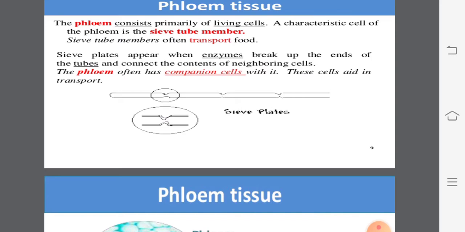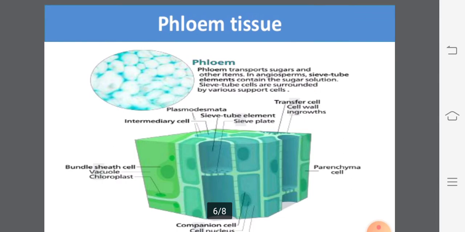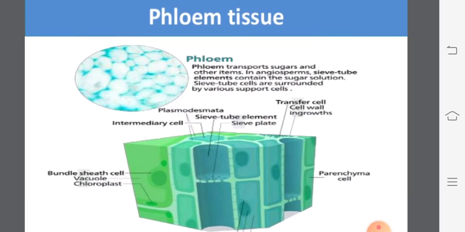Here you are observing the different end walls of the sieve tubes, and therefore the sieve tubes transport from one cell to another cell. The phloem often has companion cells allied with it. In transverse section, we are observing the phloem cells like this. It is an actual photograph of the phloem.